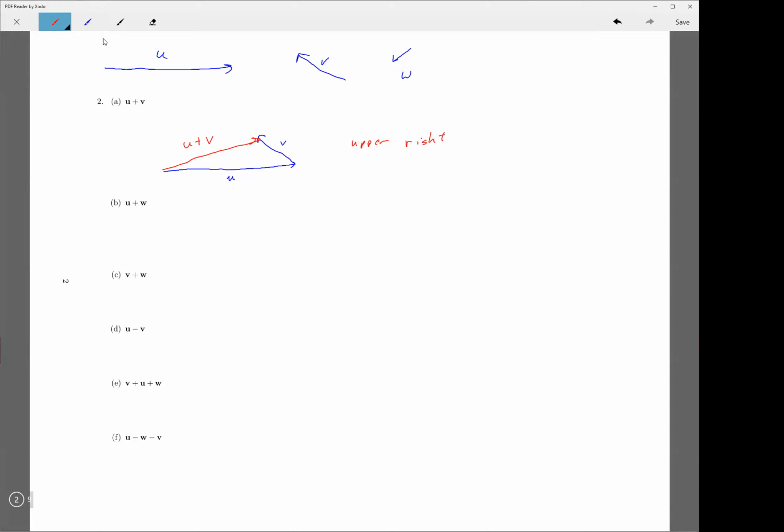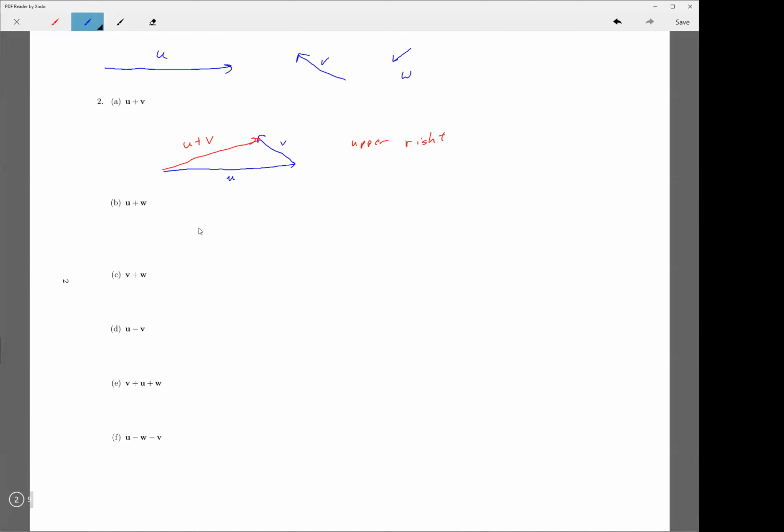Okay, let's see. So U plus W, what's that one going to look like? I think there's a whole bunch of these. Bottom left. It goes down. Wait, U plus W. Okay, so this one and this one.